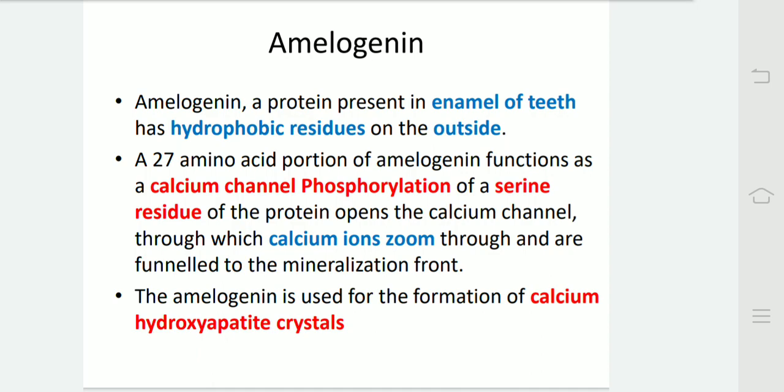Amelogenin is a protein present in the enamel of teeth that has hydrophobic residues on the outside. A 27 amino acid portion of amelogenin functions as a calcium channel.